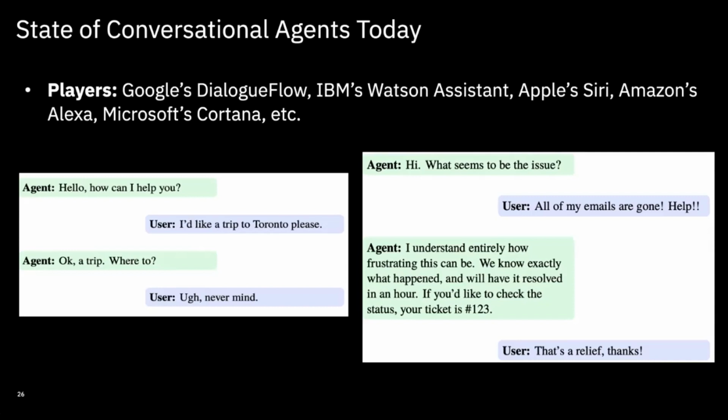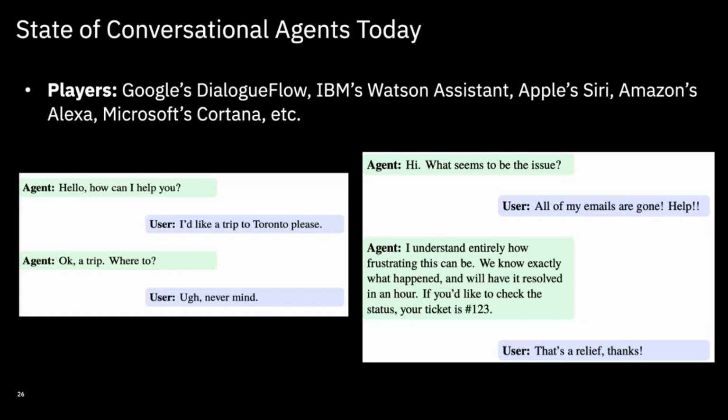Now, the next example is an imaginary great DL approach. And it goes as follows. The agent says, hi, what seems to be an issue? And the user says, all of my emails are gone, help. The agent says, I understand entirely how frustrating this can be. We know exactly what happened and we'll have it resolved in an hour.